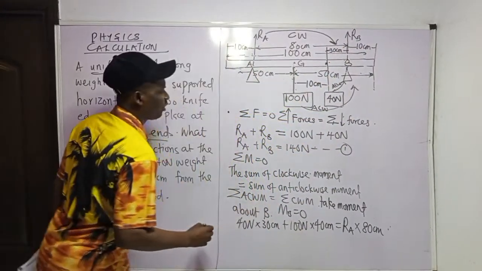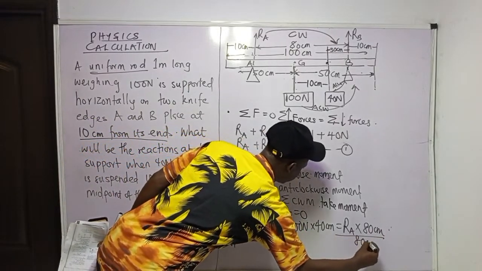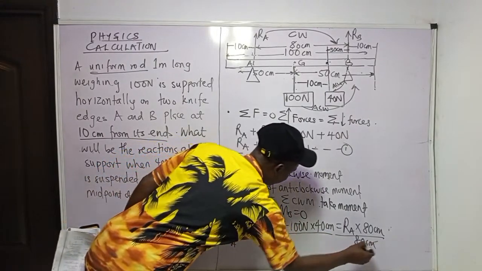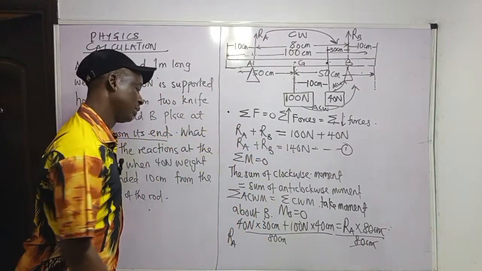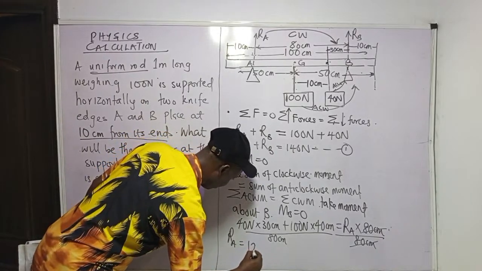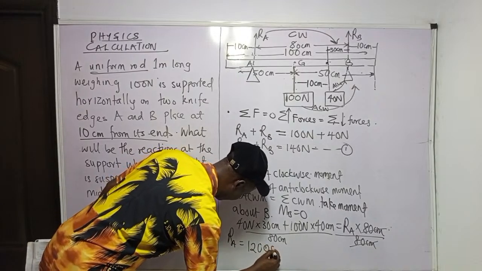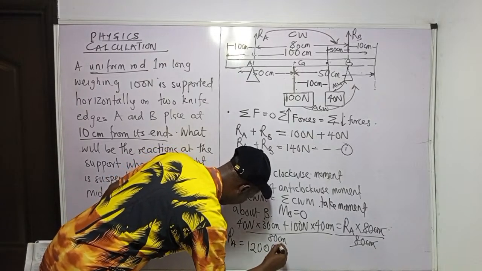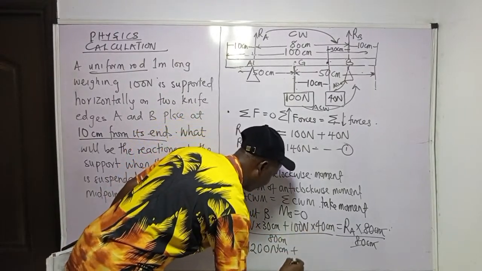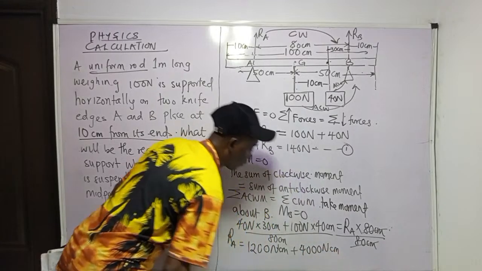Now, how do we make RA the subject of the formula? We divide both sides by 80 cm, so this one will cancel this one. This one will give us 1,200 Newton cm, plus 400 times 40 gives 4,000 Newton cm.